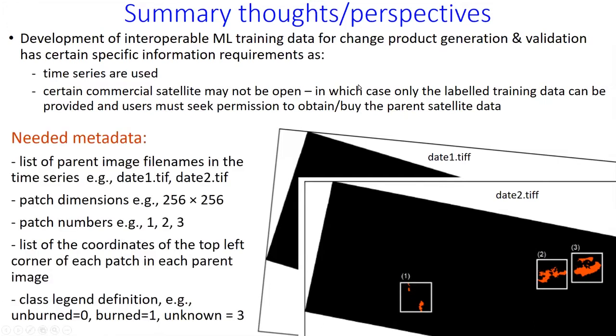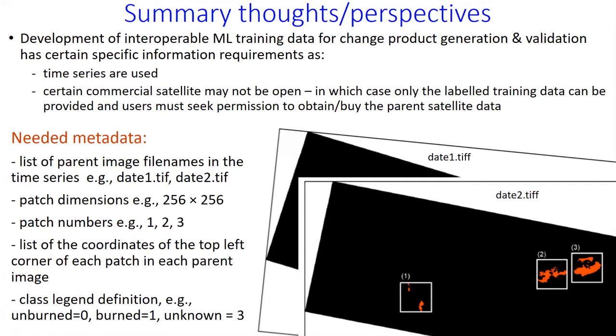So the kind of needed metadata, just off the back of a beer mat, off the top of our heads, the kind of things that would need to be included in training data for machine learning, which is patch-based deep learning, would be an input list, the list of the parent image files. So in this case, date 1 TIFF, date 2 TIFF.